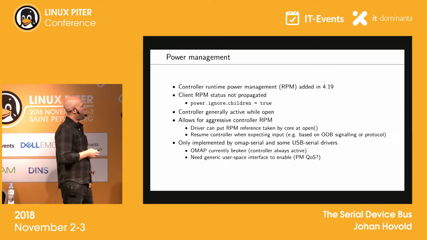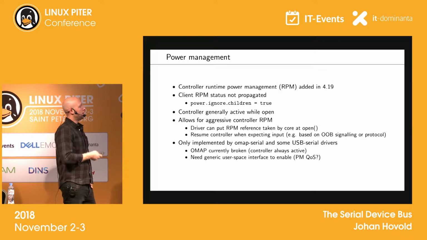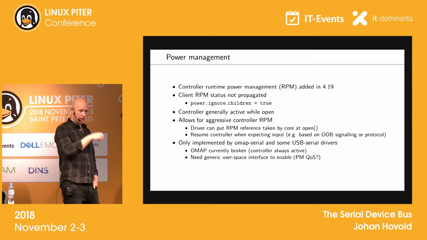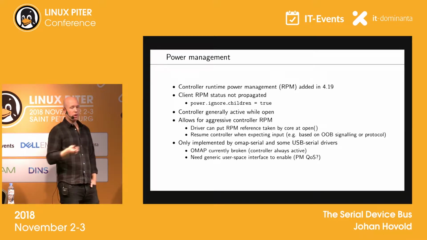And this works by having the serdev core take a runtime PM reference at open, but an aware serdev driver can put that reference and again allow the device to go into suspend. And this may be all that needs to be done.